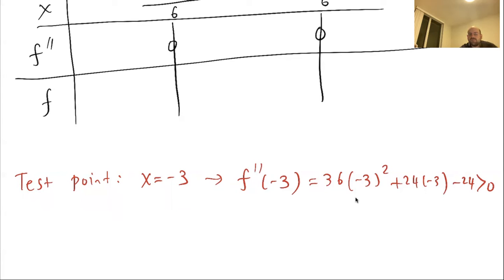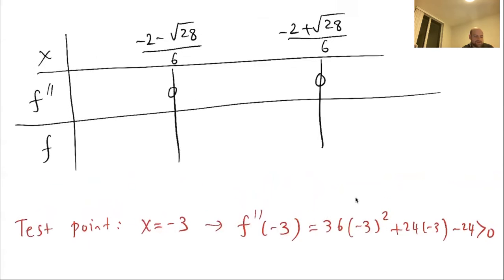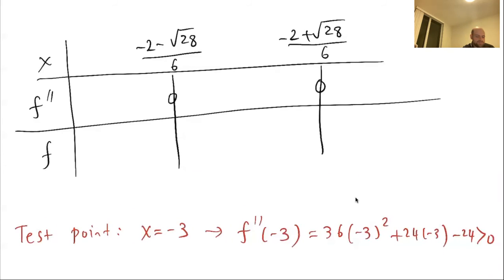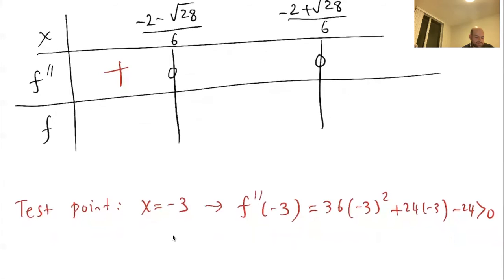So please remember, when we use a sign chart, we don't care about the values. We just care about the sign, whether it's positive or negative. So f double prime is positive on the first region, because of the test point that I used here. This test point here is less than this number, -2 minus root 28 over 6.